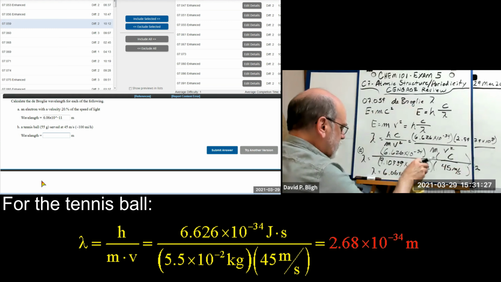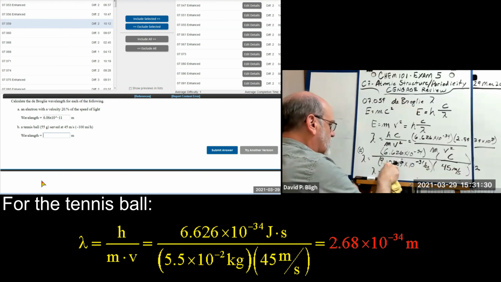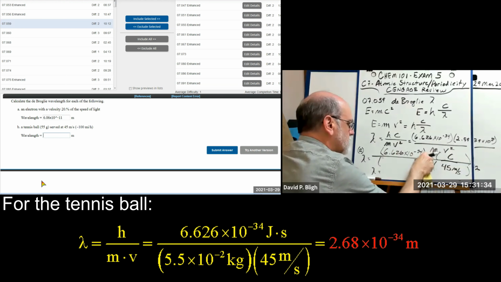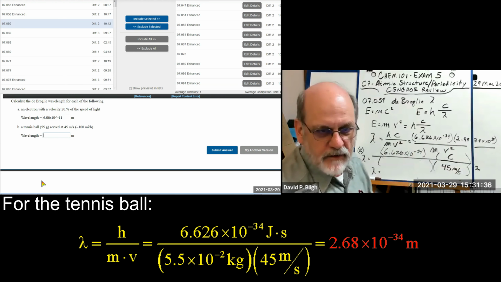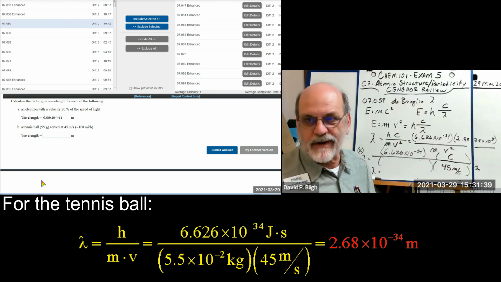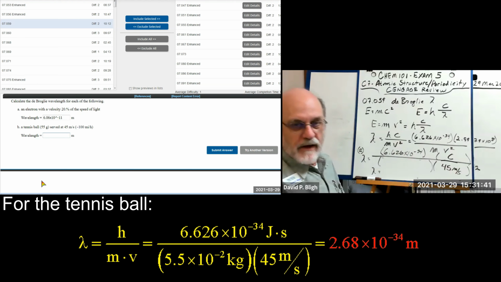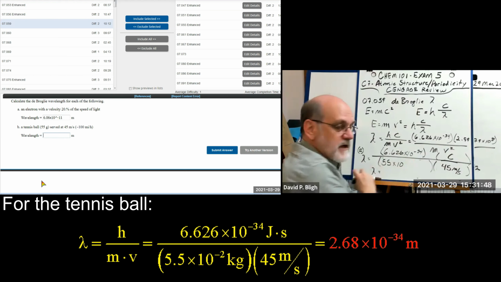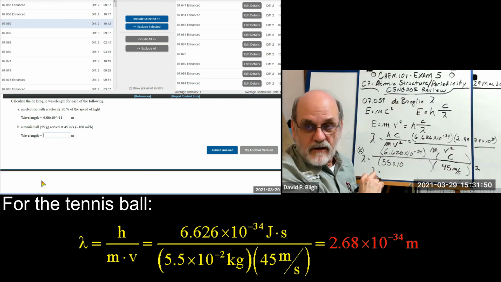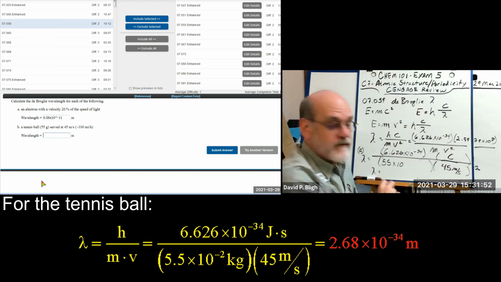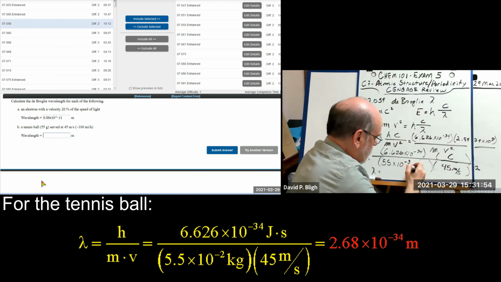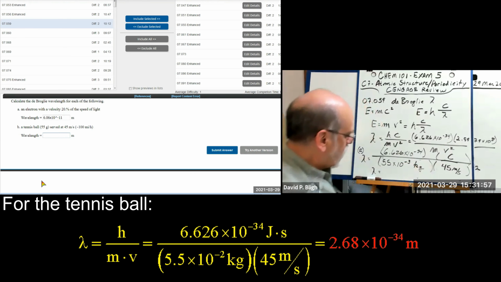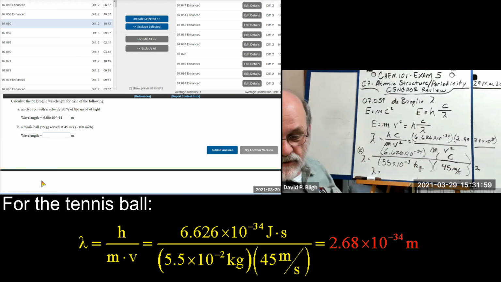And now we need a different mass as well. So it says it's 55 grams. How many kilograms is that? Well, the simplest way is 55 times 10 to the, how many kilograms is a gram? 1,000th of. There we go.